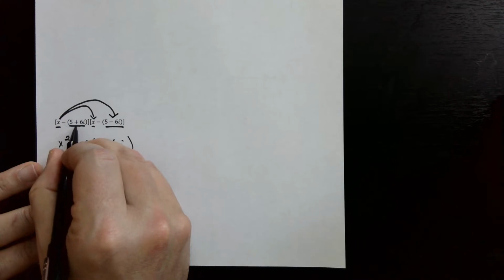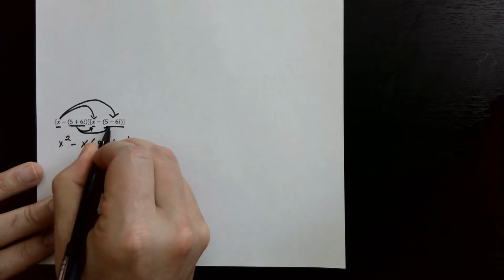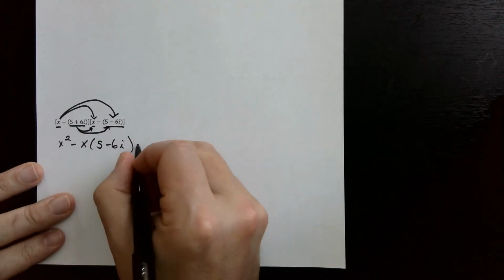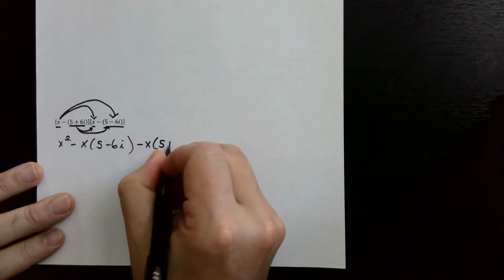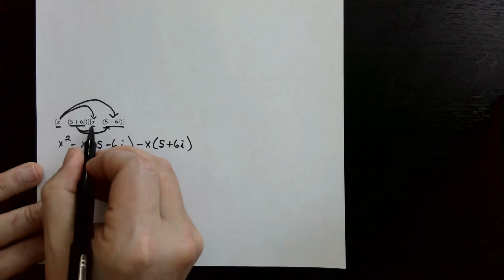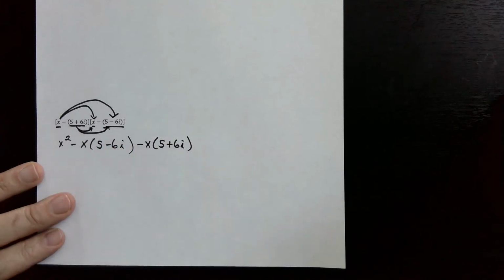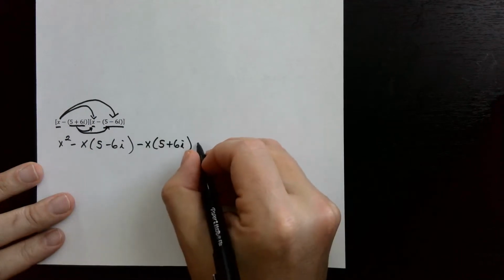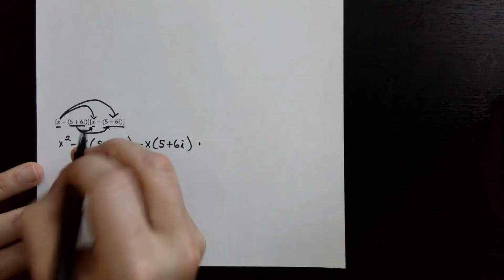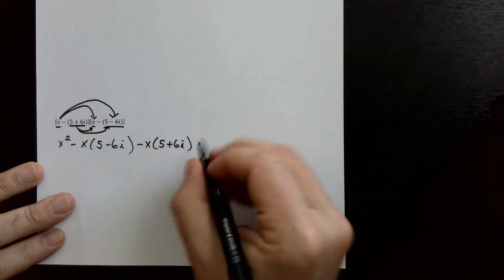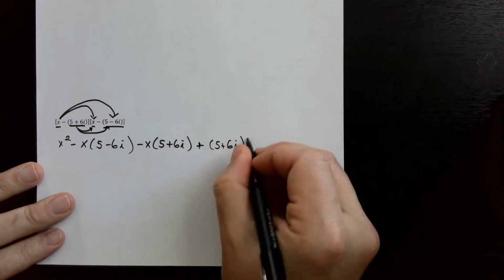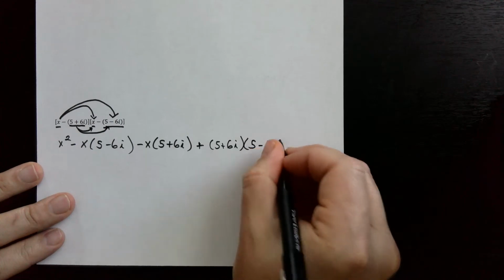And then we'll do this and this. That gives us negative x times 5 plus 6i. Then you've got these two terms being multiplied by one another, so plus, because they're both negative, 5 plus 6i times 5 minus 6i.